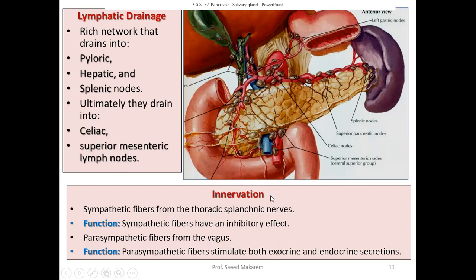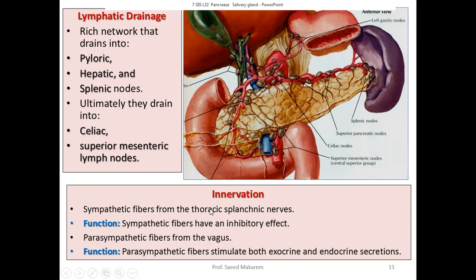Now coming to the innervation. So it is supplied by the autonomic nervous system. So it has both the sympathetic as well as the parasympathetic component. The sympathetic fibers will be coming from the thoracic splanchnic nerves, and the sympathetic fibers have an inhibitory effect.